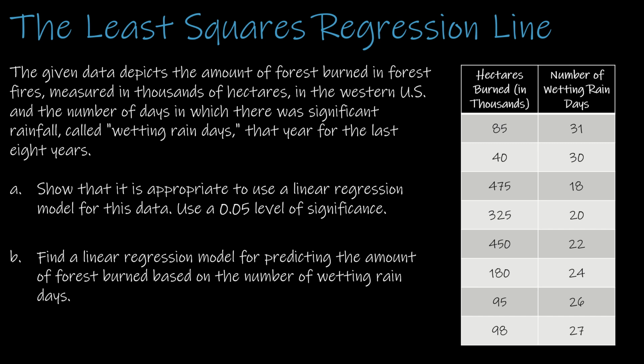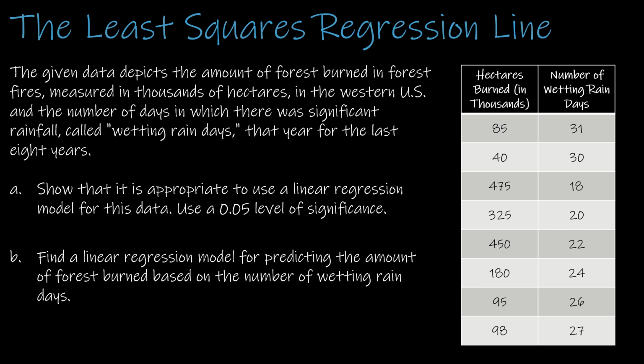This is a question I would like for you to try on your own. The data set that I've given you gives you the amount of forest burned in hectares, I don't know if I pronounced that correctly, in thousands in the western U.S., and the number of days in which there was significant rainfall, which they call wetting rain days.